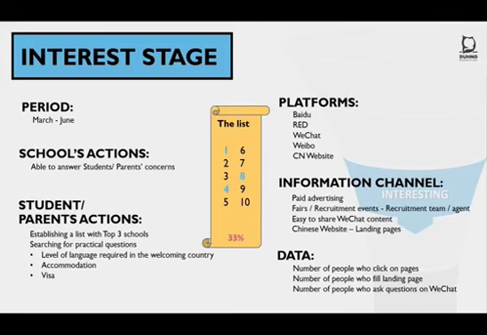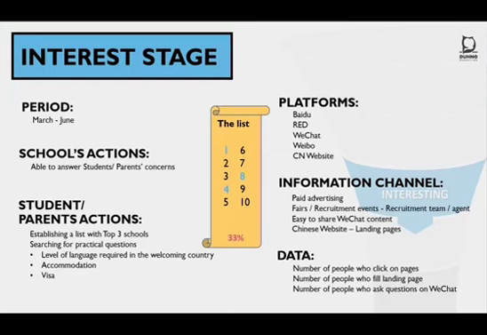When is that period? That period is usually between March and June for an intake in September, because after June, in July, August, they need to have the language tests, the visa process, traveling abroad, and settle down before the intake in September. So end of June, beginning of July is really the end of this process.